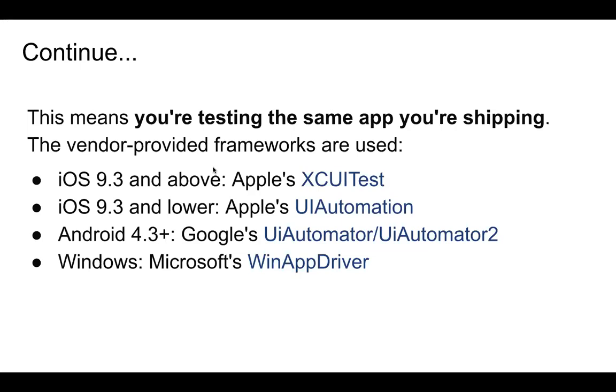We are not going to recompile anything, and Appium will not change anything in your application. But what it does internally is use the native frameworks. Suppose iOS has its internal framework to automate UIs, like XCUITest.